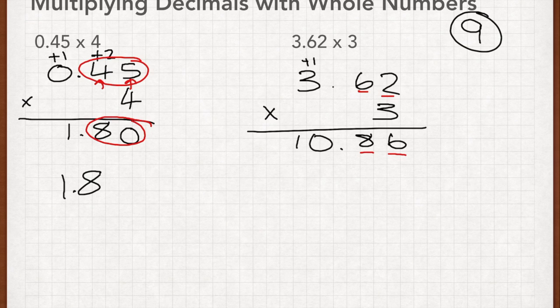So there is our decimal point. 10.86 is our answer. And if you compare that to our estimate from the start, you can see that that's a very close estimate. The estimate was 9 and the answer was just over 10. So there we can see that we have probably calculated the correct answer. So the estimate just helps you to ensure the reasonableness of your answer.